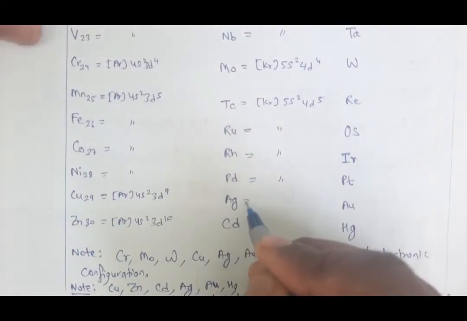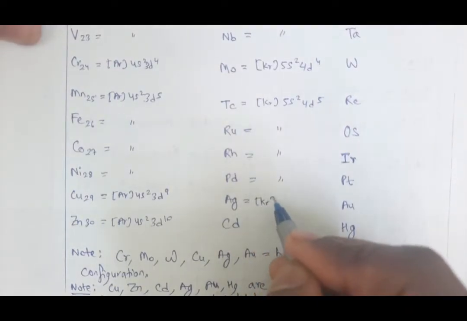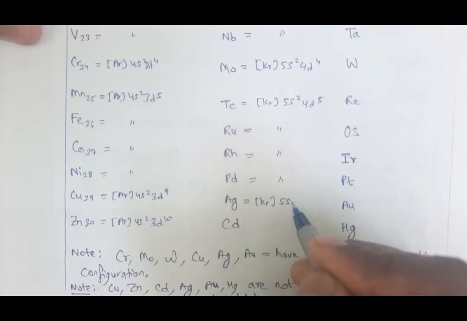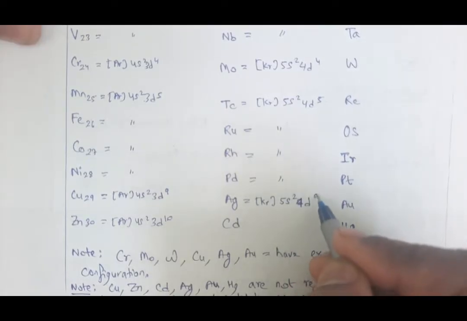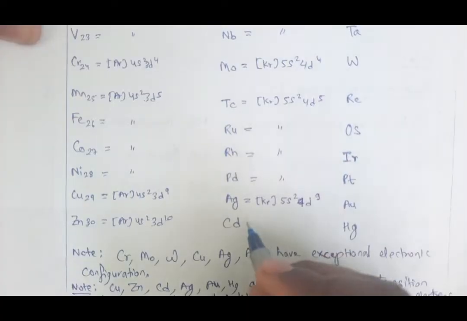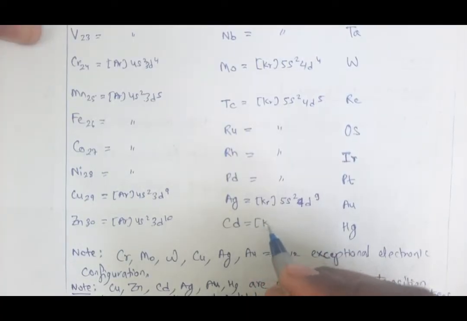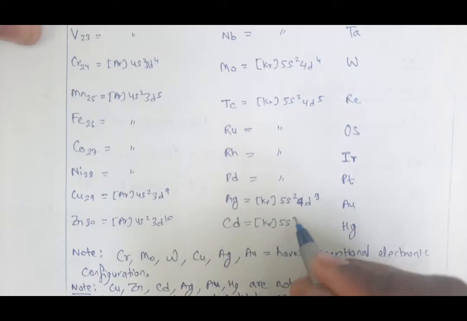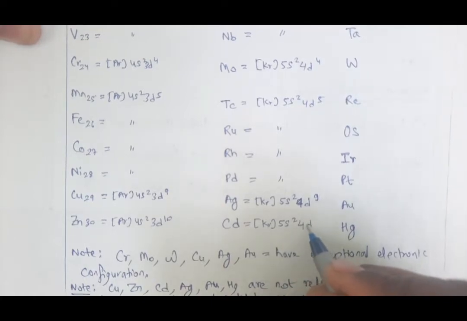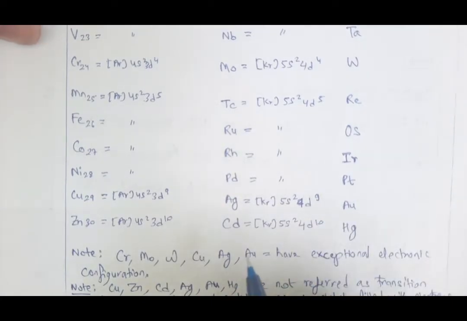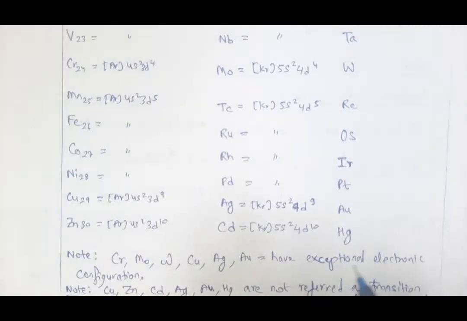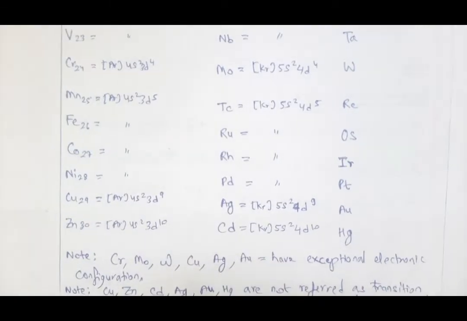Now when you make it for silver, it will be krypton 5s2, 4d9. And finally, when you do for cadmium, it will be krypton 5s2, 4d10.